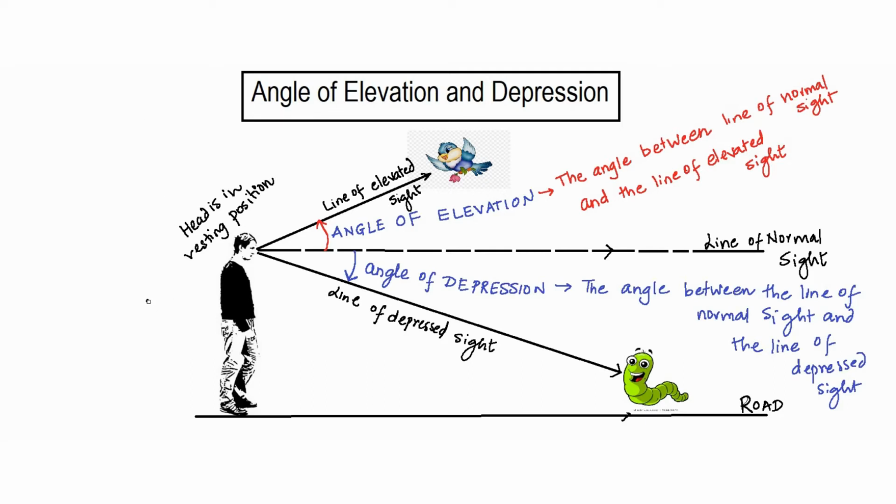In trigonometry earlier, we have learned how, if a figure is given, to find the unknown sides of a triangle. Now what we are going to do is convert a word problem into a diagram and then solve for the unknown height or distance. Okay, so pausing for a minute.